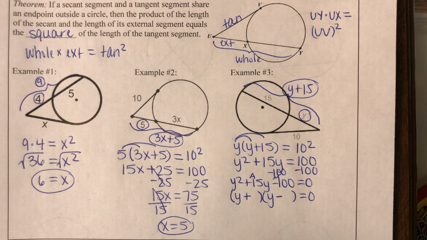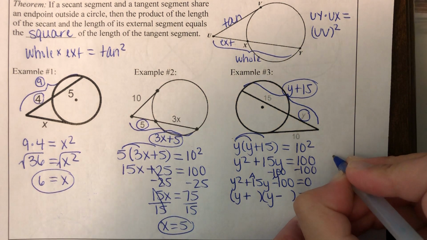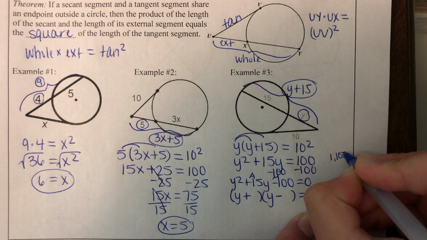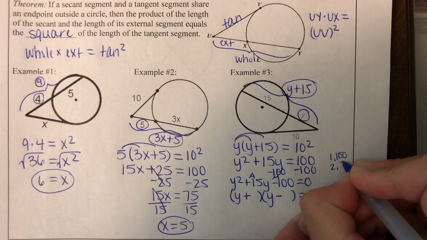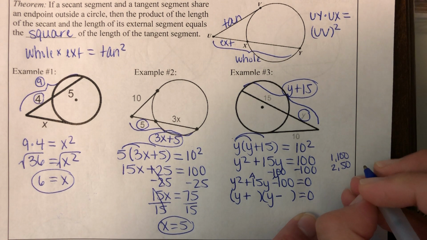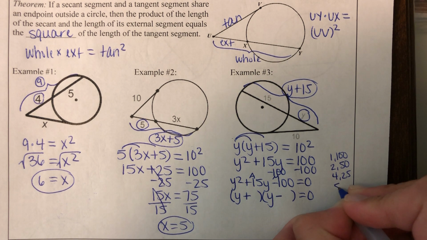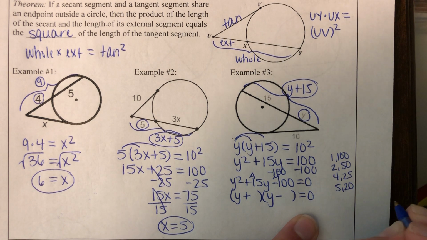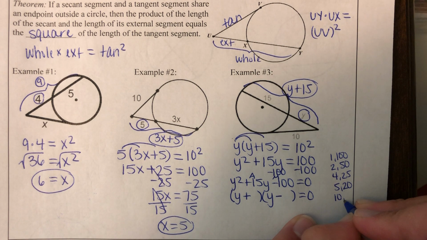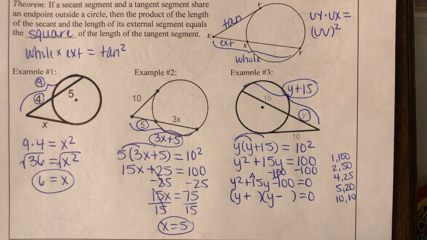All right, so if I think of the factors of 100, I have things like 1 and 100, 2 and 50, 4 and 25, 5 and 20, 10 and 10, right? All right, so those are all positives though.